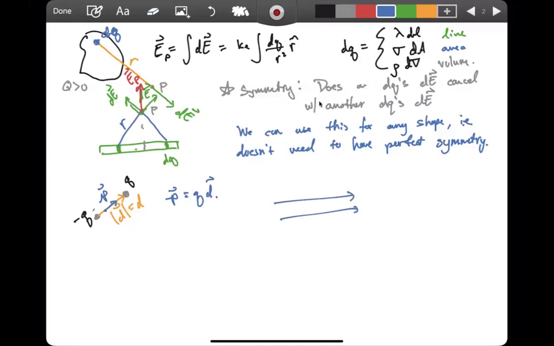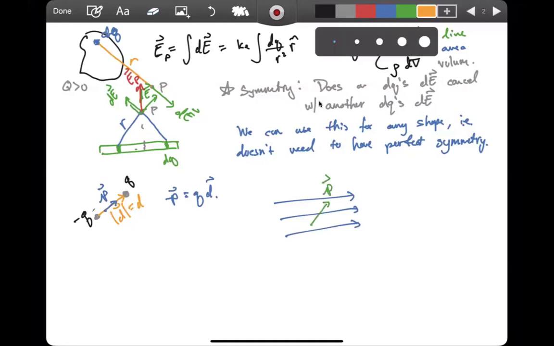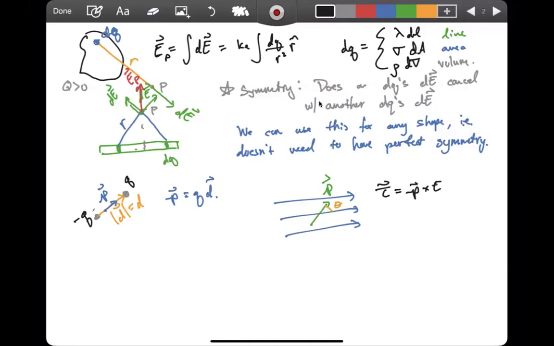If I had an external electric field in this direction, and here is my dipole moment p, so that these are oriented at an angle of theta relative to each other, what we showed was that the torque is equal to the dipole moment crossed with the external electric field, meaning that its magnitude is equal to the magnitude of the moment times the magnitude of the electric field times the sine of the angle between the two.